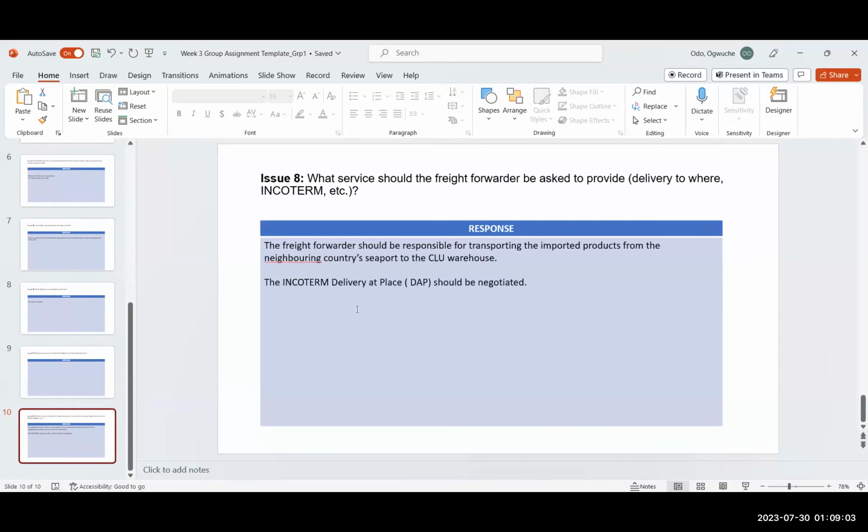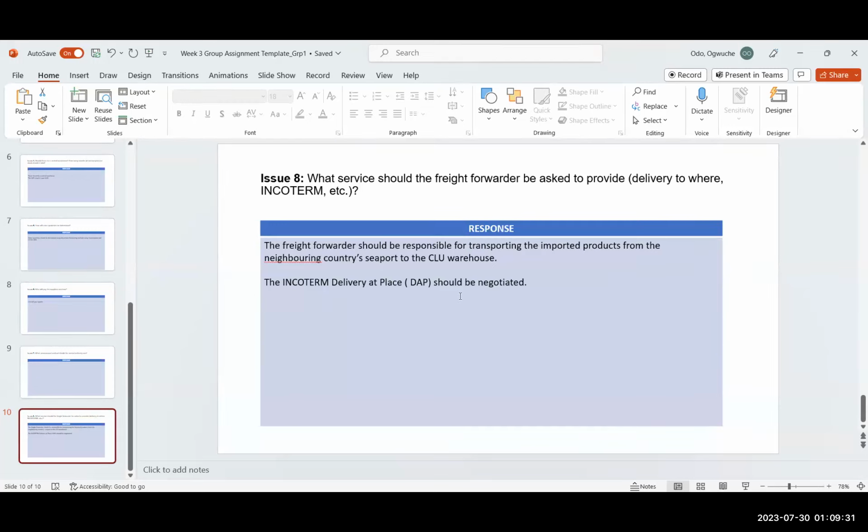And then finally, we asked, what service should the freight forwarder be asked to provide? Delivery to where? Incoterms generally talk about the rules that govern international trade, that assign roles and responsibilities, as well as costs, to the partners, that's the seller and the buyer. So we are saying the freight forwarder should be responsible for transporting the imported products from the neighboring country's seaport to the CLU warehouse.